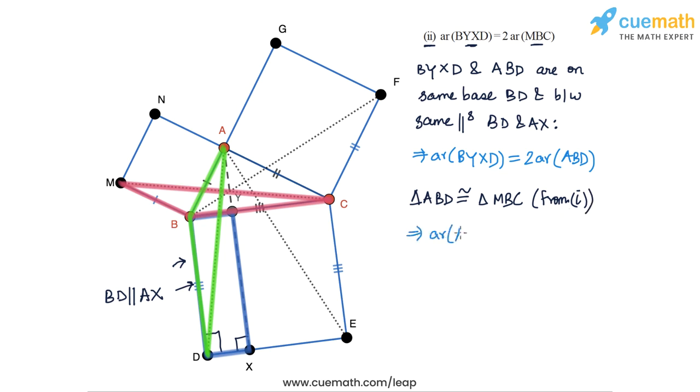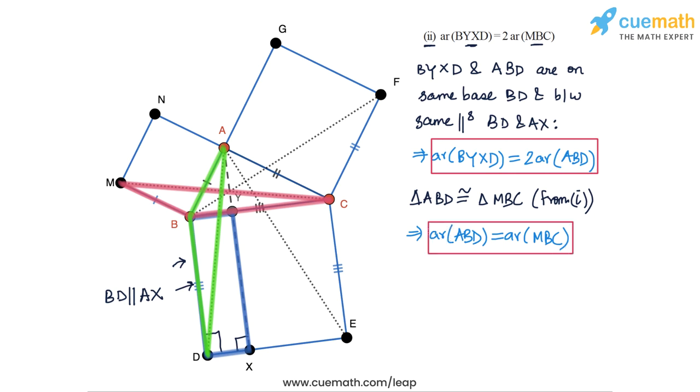So area of ABD must be equal to area of MBC. From the first relation we have BYXD is 2 times area of ABD, and from the second we have area ABD is equal to area MBC, and this means that area of BYXD is twice the area of MBC. Okay, so this is what we had to prove in part 2.